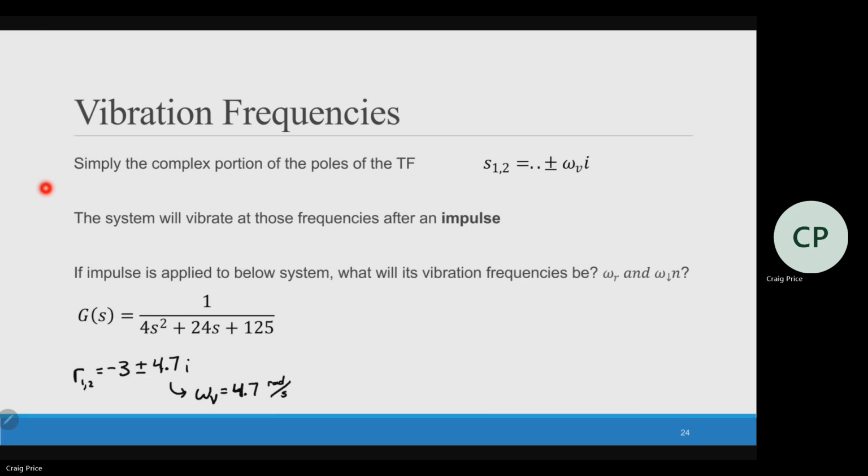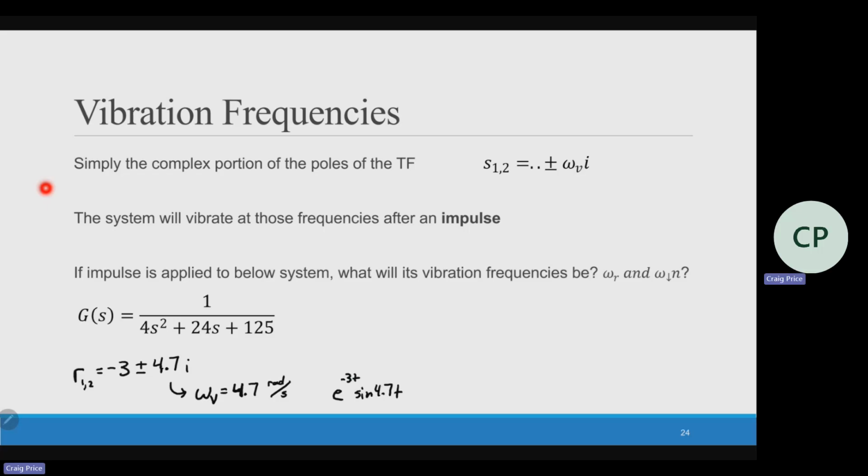Okay. This was a transfer function. We just use the quadratic formula or our calculator to find the roots of the polynomial, setting the denominator equal to 0. We get -3. Now that tells us how fast the system will get back to steady state. So we would have an e^(-3t) sine 4.7t.